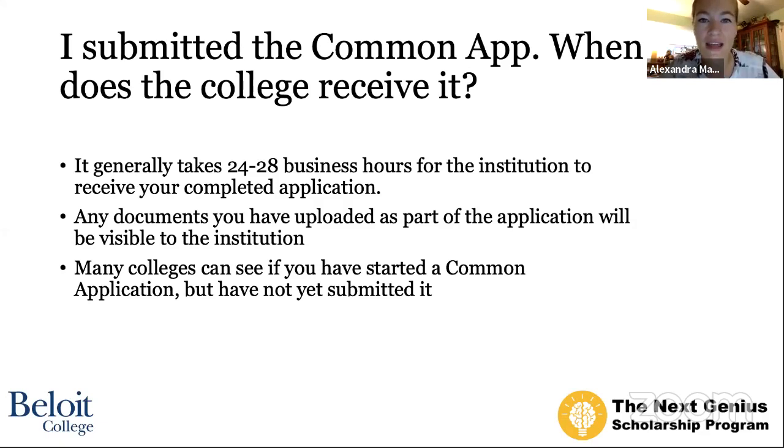So if you've hit send and you're 12 hours away in time zone and you haven't heard from a college in a day, be a little patient, because sometimes we are not able to access that information until it's released by CommonApp. It's generally very, very quick, but I know this is a very stressful process sometimes, and students are really excited to get updates. But please know that there is that slight lag between when you hit send on your side and the college is actually able to see your materials.